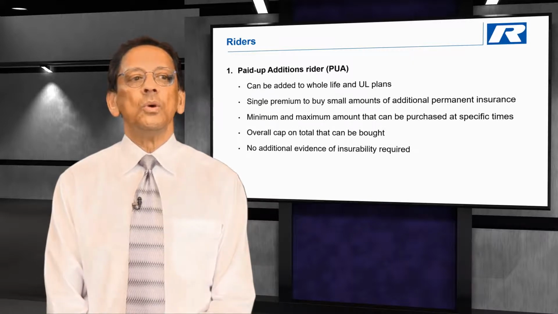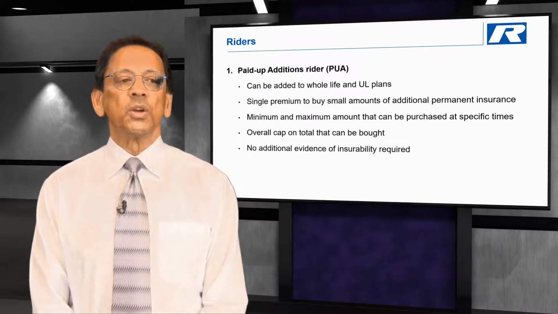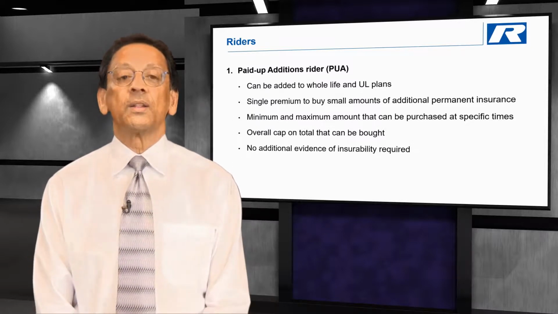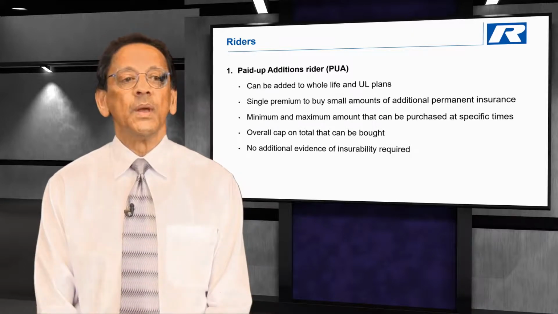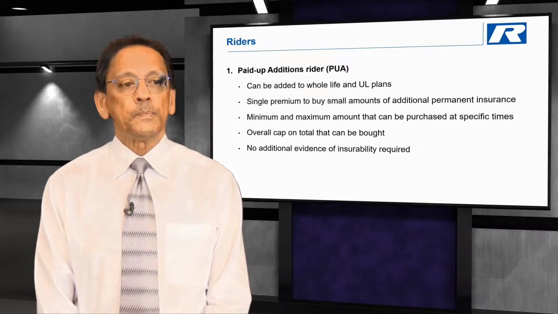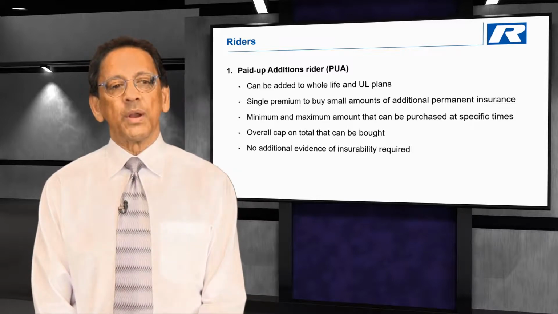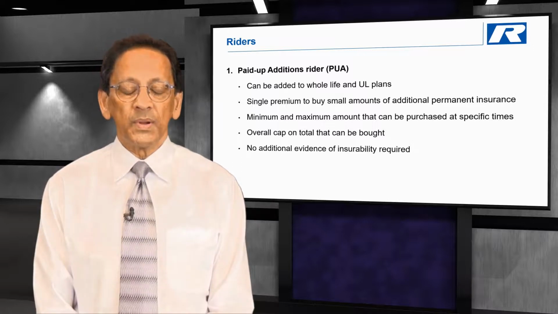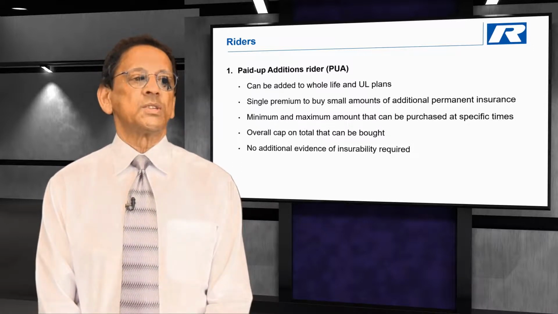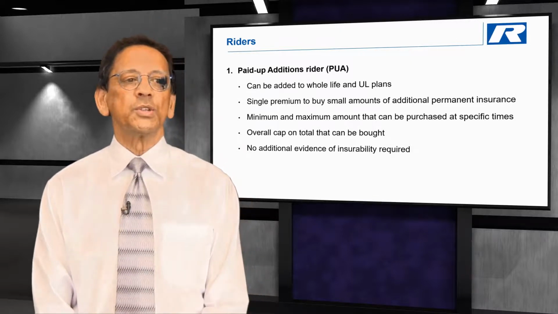And so when you buy these additional riders or benefits, you're actually going to be paying a premium for the right to get a paid up additional rider. Like the paid up additional single premium rider that you have on participating whole life, same concept here. The single premium you pay buys an additional amount of permanent insurance.